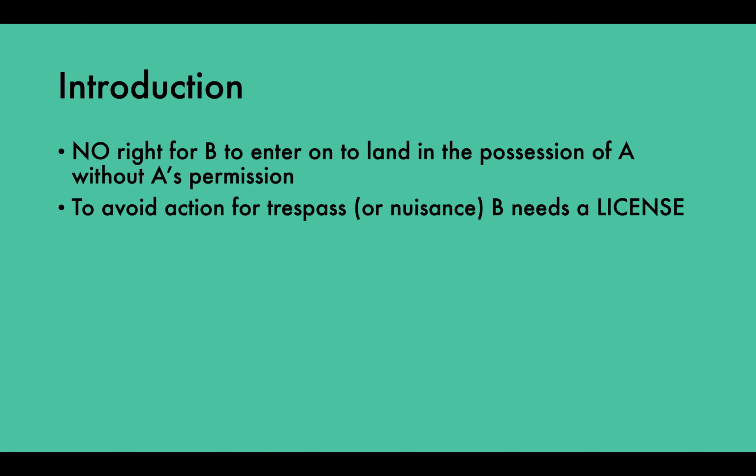Now, if it is not a proprietary interest, can we make it registrable in unregistered land? No, okay? So if it is not a proprietary interest, it is not registrable under the Land Charges Act. It's also not protected under the Land Registration Act either, okay?